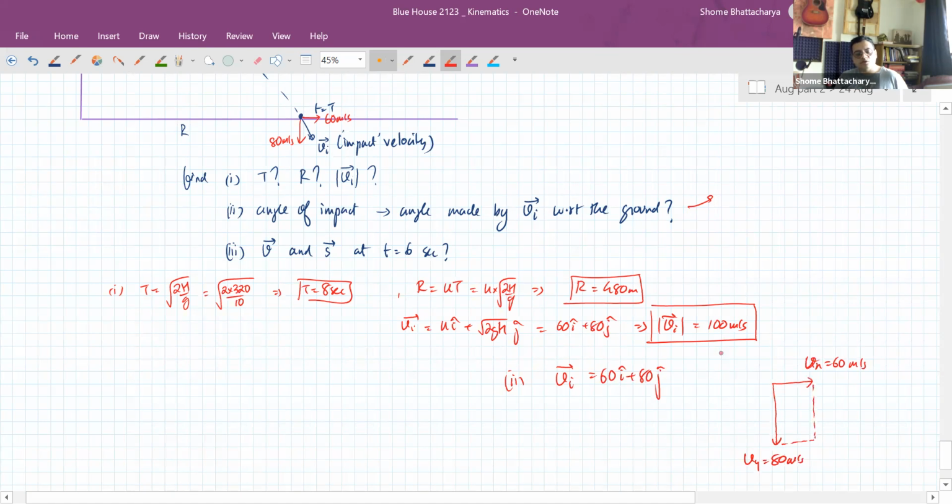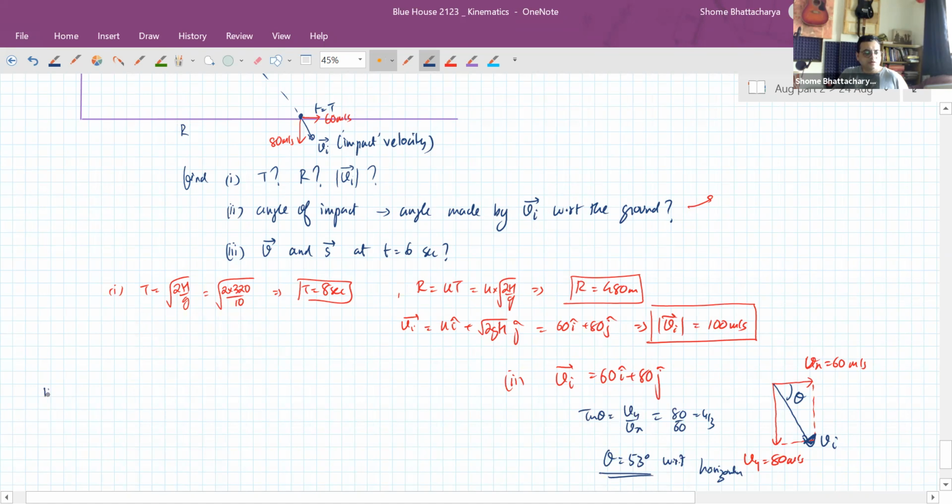So the velocity vector itself is this. This is the impact velocity, and this is the angle we are talking about. So tan theta will be the vertical component divided by the horizontal component, 4 by 3. So you can see that it will impact at 53 degrees with respect to the horizontal. That is the answer to the second part.